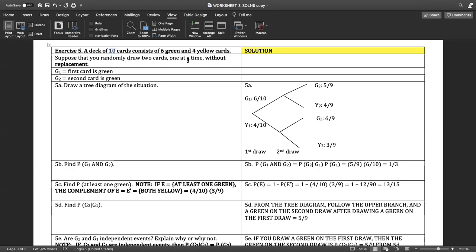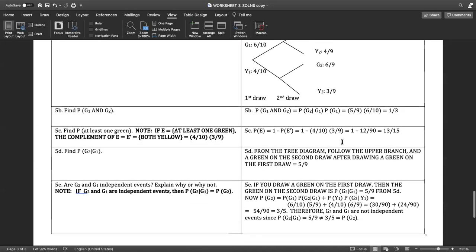Well, you depleted your deck by 1 card, so now there are 9 cards left over. And you've already picked a yellow card on the first draw, so that means that there are only 3 cards left in the deck of 9, and that has probability 3/9 of a yellow on the second draw.